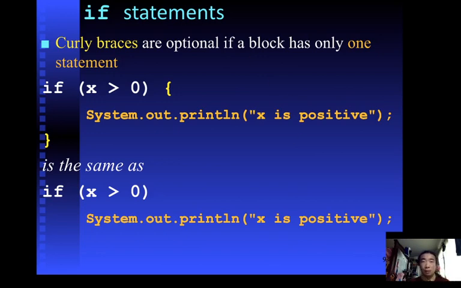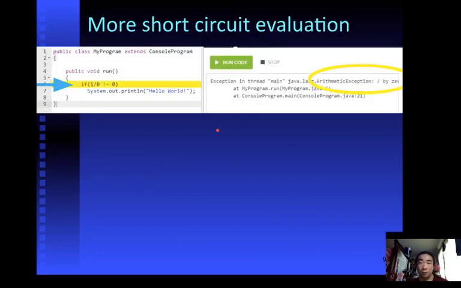Okay, so going on with if statements and short circuiting. So in math, we can't divide by 0. And in computer coding, that's the same idea. It throws an error, okay? So notice in this line, when it first tries to check this, is 1 divided by 0 not equal to 0, well, it gives you an error right here.